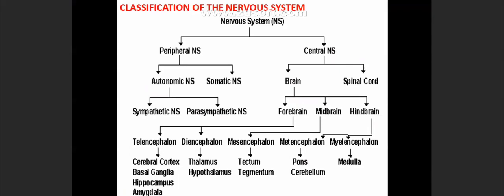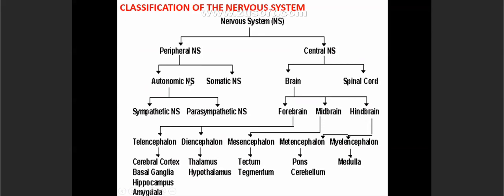You cannot control your heart, stomach, liver, or whatever. You can't, but the brain controls them indirectly. And we divide the autonomic system into two, sympathetic and parasympathetic. We'll see the difference later.